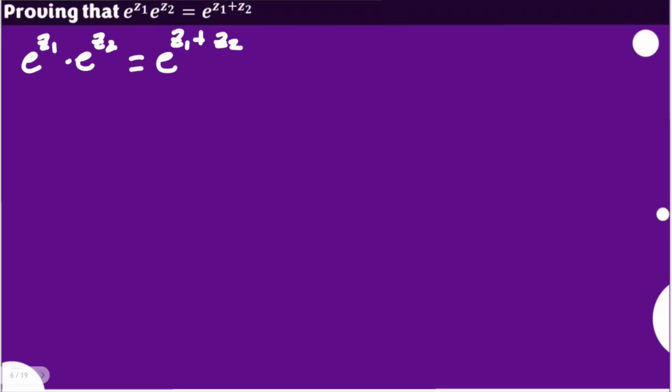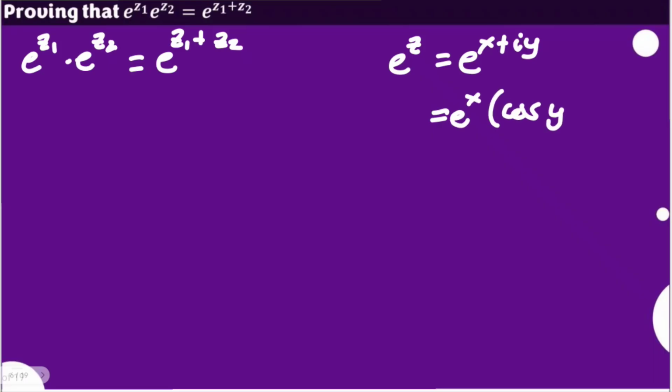But here, we're going to show that this is true for e to the power of z, where z is equal to this notation, e to the power of x plus iy. Or, it could be expressed in this manner, e to the power of x times cosine y plus i sine y.